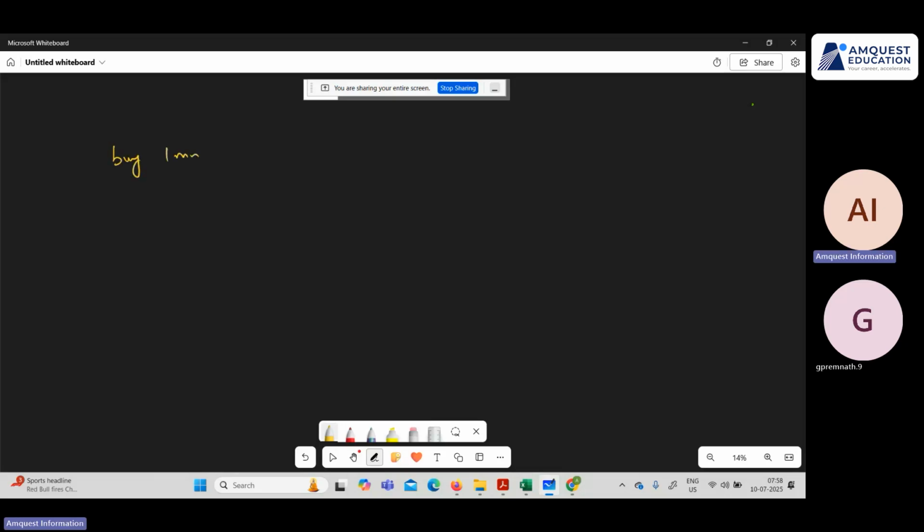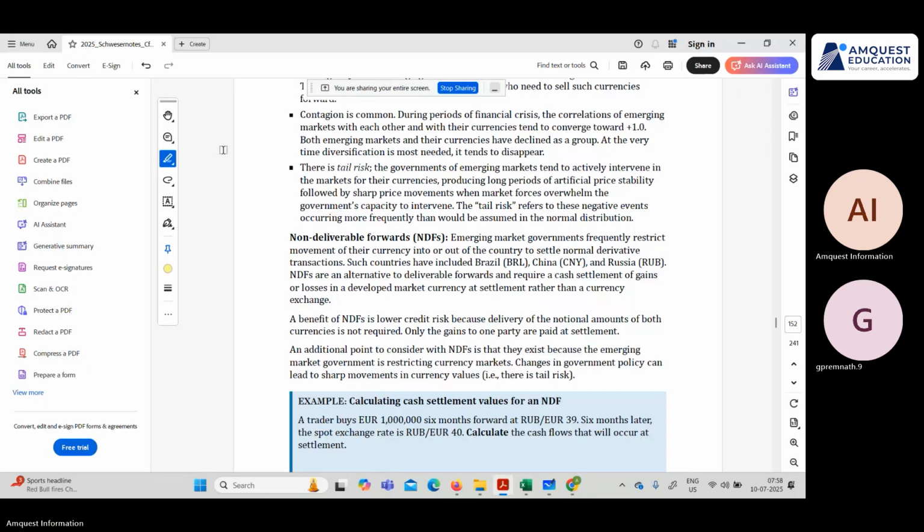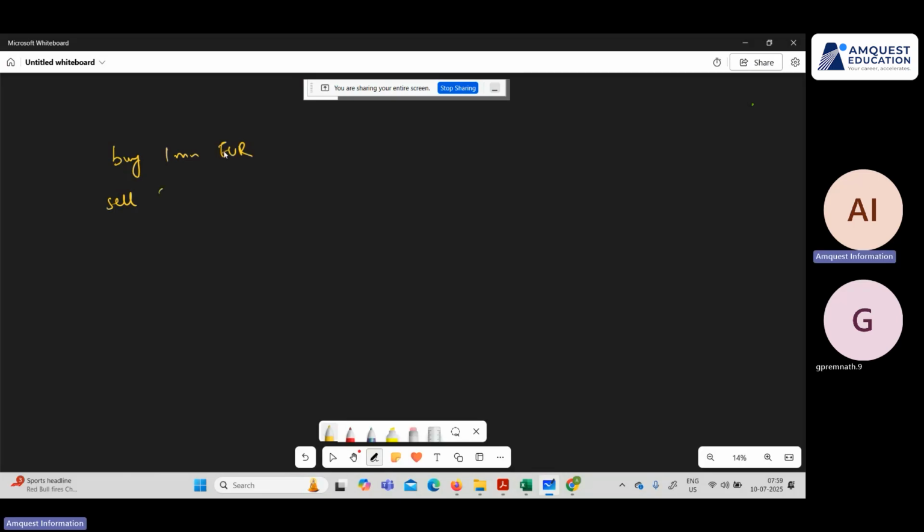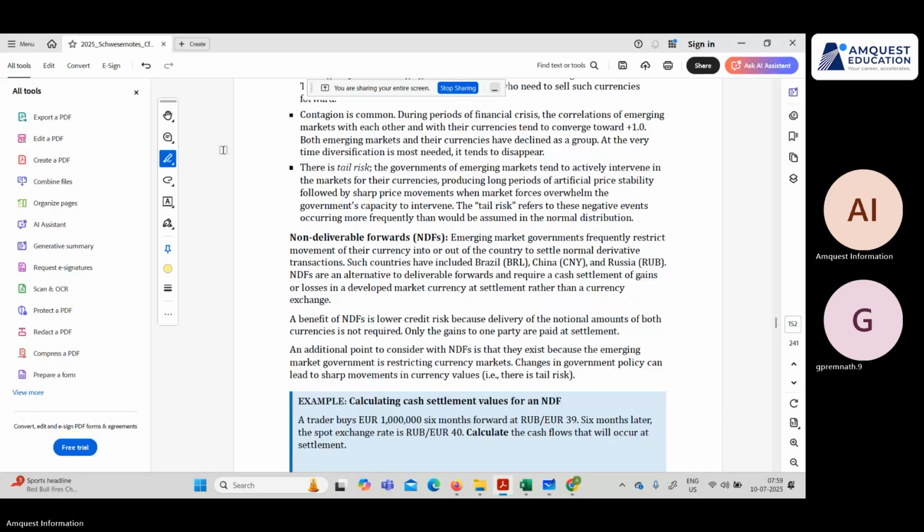I'm looking at T equal to 60. Okay. Yeah. I'm going to buy 1 million euro and sell 39 million RUB. Is that correct to say? Yes.